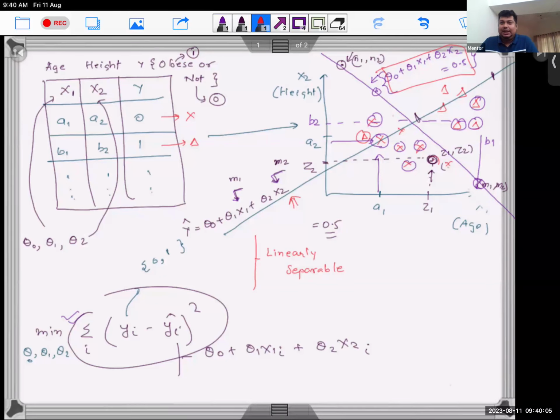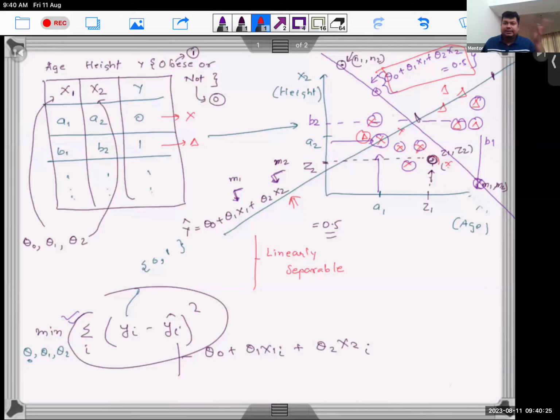Linear regression gives us the best fit line, which is closest to all the points. The other line we obtained is trying to ensure that all the x's and triangles are as far apart as possible.